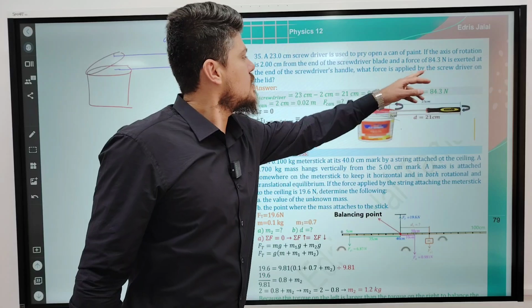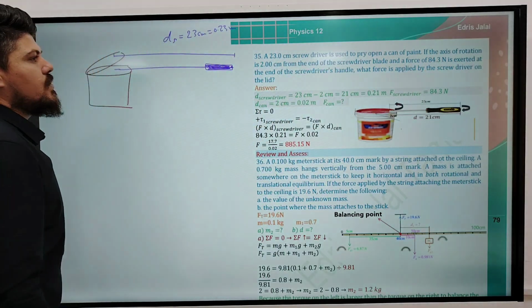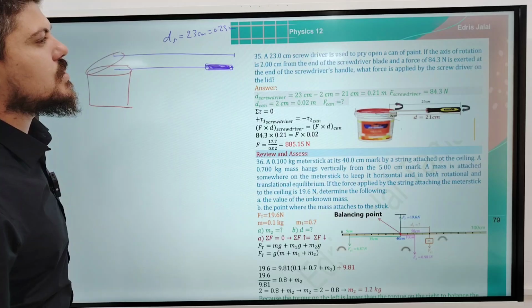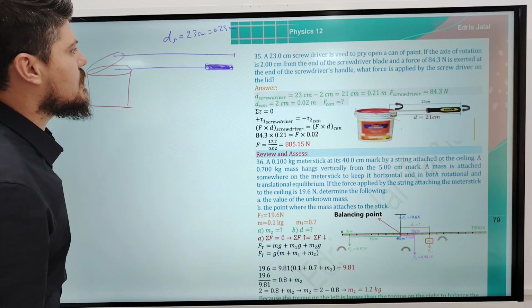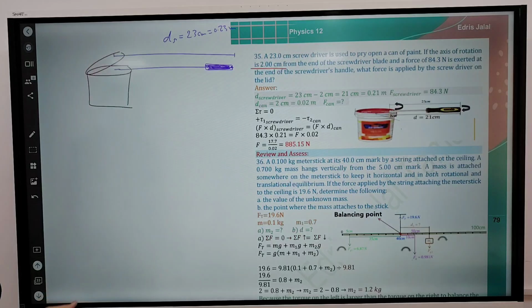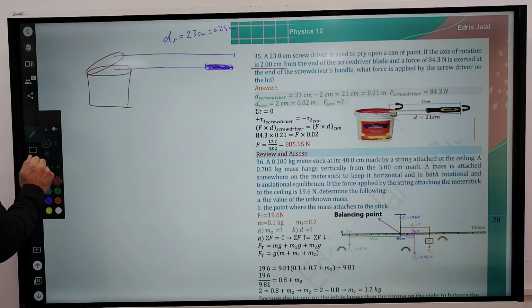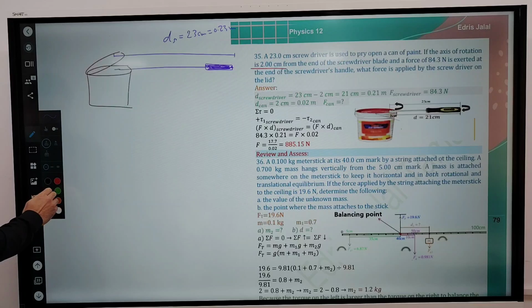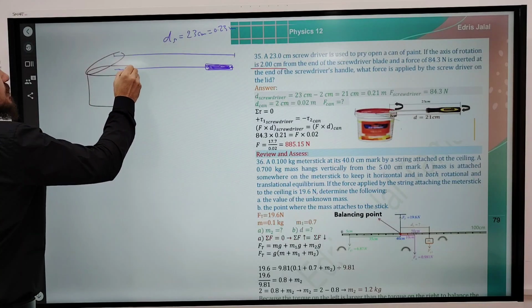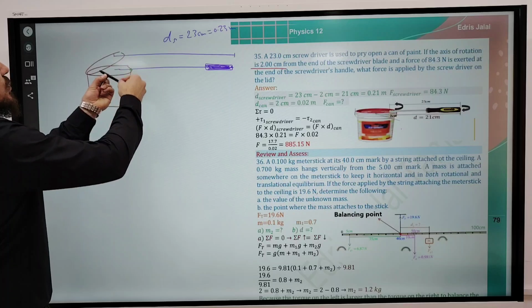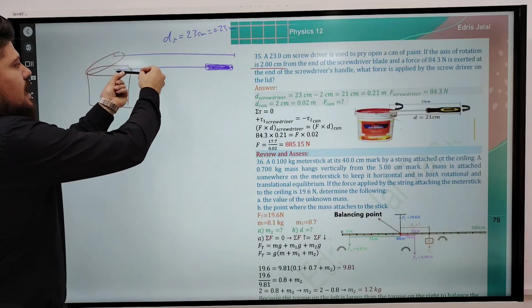So, if the axis of rotation is 2 centimeters from the end of the screwdriver blade and a force of 84.3 Newton is exerted at the end of the screwdriver. What do you mean by this 2 centimeters from the end of the screwdriver to the axis of rotation? It means that this point becomes the axis of rotation. Why? Because the screwdriver is rotating at this point.